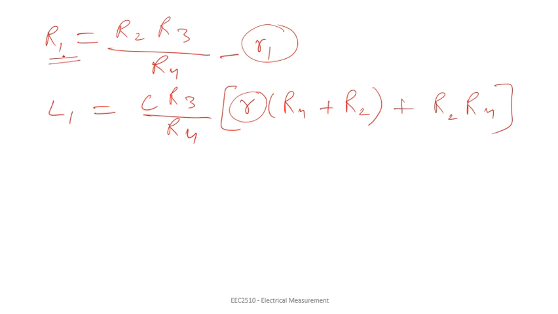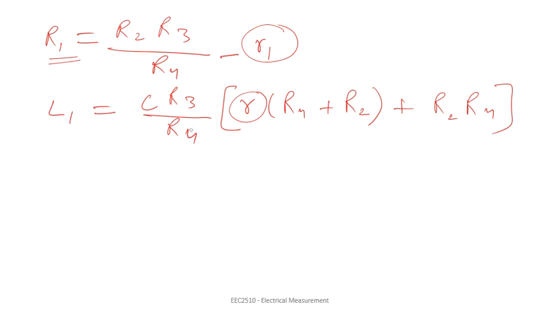So that is why we can say that if we are measuring the inductance of low Q factor coils, then Anderson's bridge is the preferred method over Maxwell's bridge, as the problems related to the convergence of balance would not be present in Anderson's bridge, but were present in Maxwell's bridge. That's what we had seen.